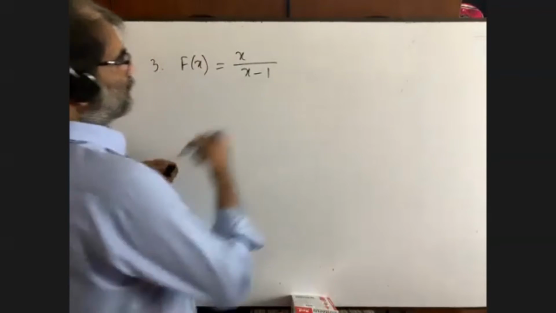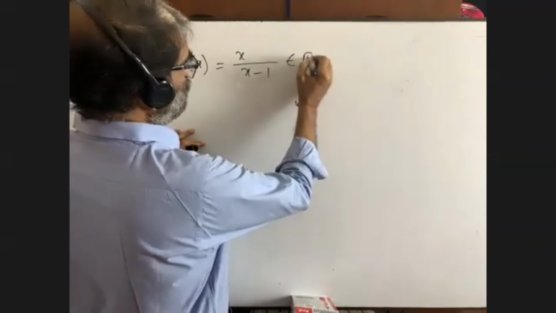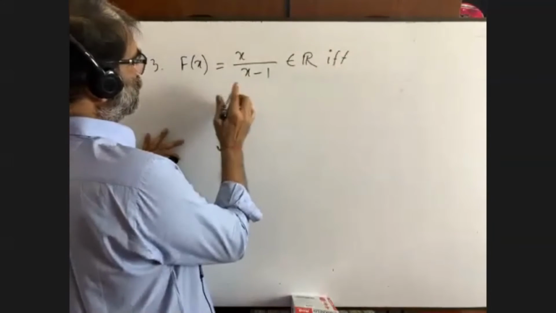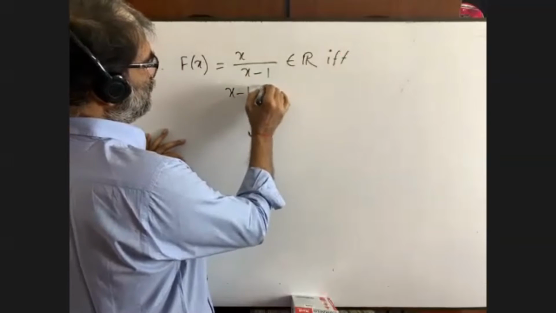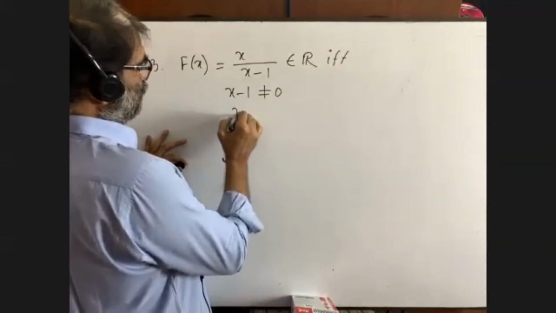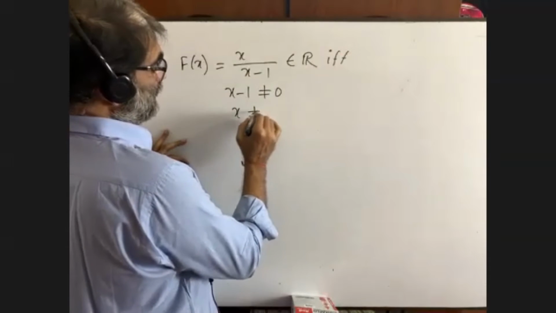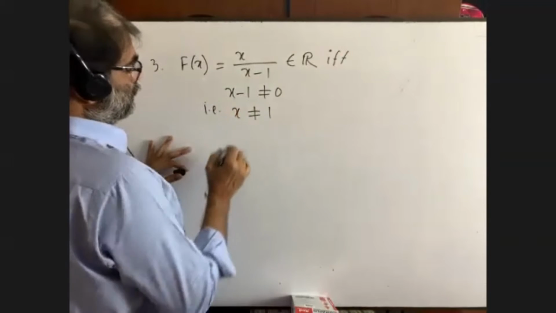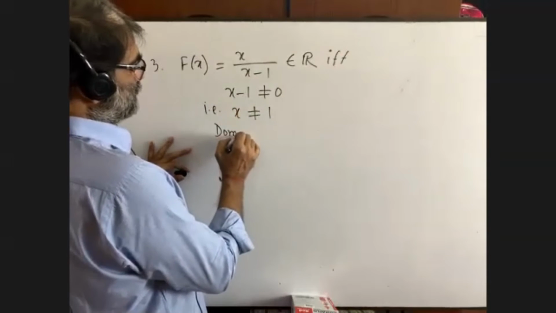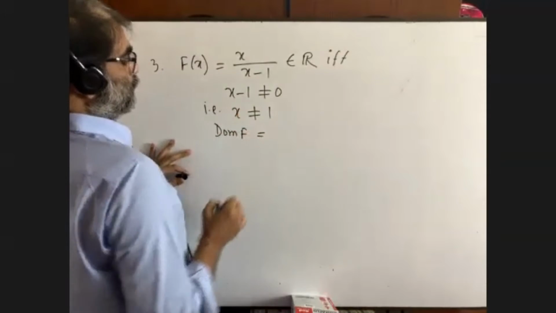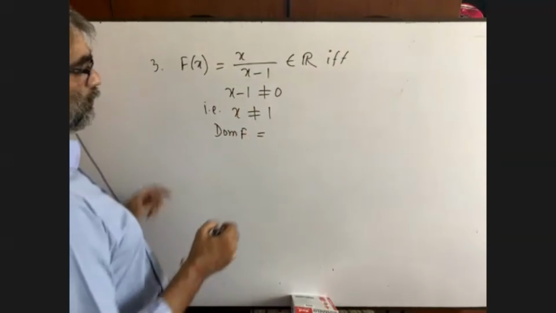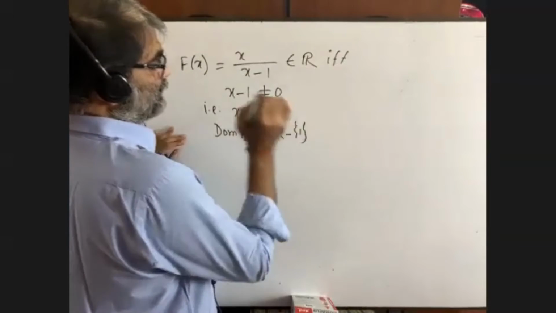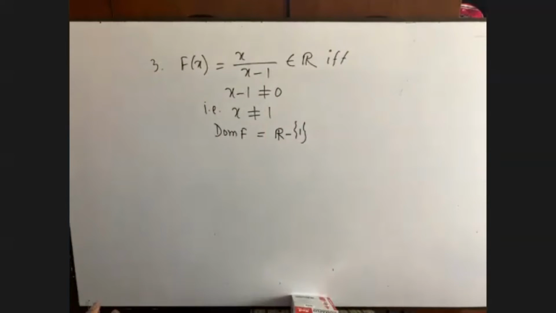Write down: x belongs to R if and only if the denominator x minus 1 is not equal to 0, that I told you, or x is not equal to 1. So what is the domain of the function? All real numbers other than 1. Yes, this is the domain of the function.